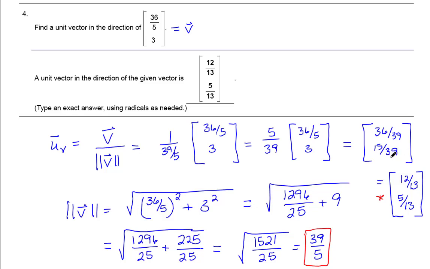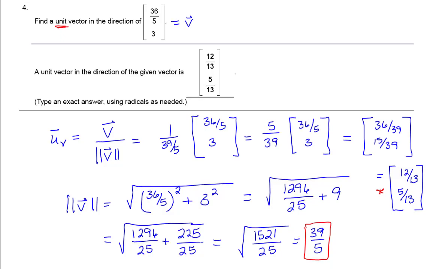So take a 3 out of the top and the bottom, and that reduces in that way. So again, this is a vector pointing in the same direction as v, and it has the additional property that its length is exactly 1.